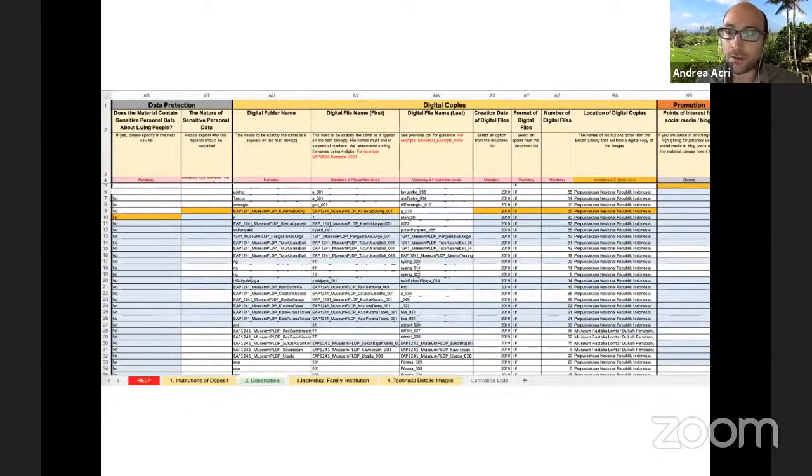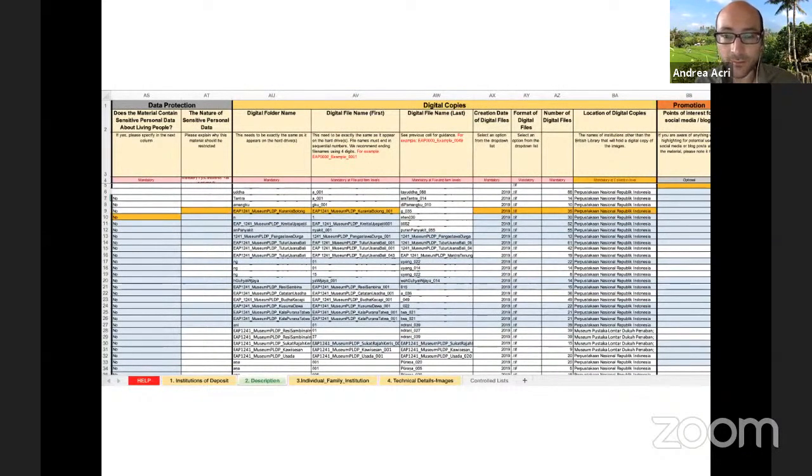And then, of course, there is the very important part about the files. There has to be a very close correspondence between the digital file names, so the folders we have on our computers, and the names of the photographs and the metadata.